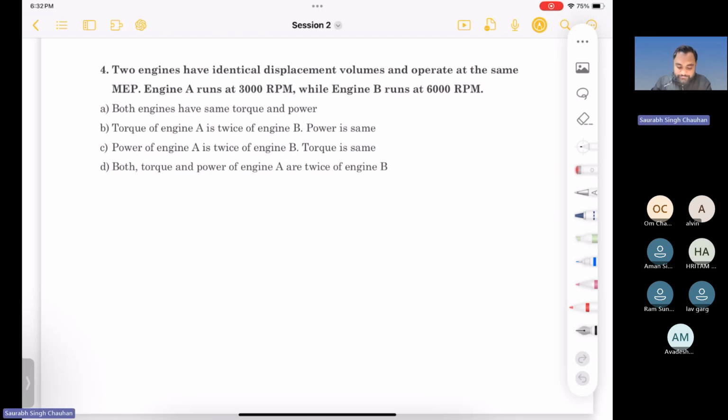Question number 4. It says that we have two engines which have identical displacement volumes and they operate at the same MEP. Engine A runs at 3000 RPM while engine B runs at 6000 RPM. We have to tell about their torque and power. There are 4 options.